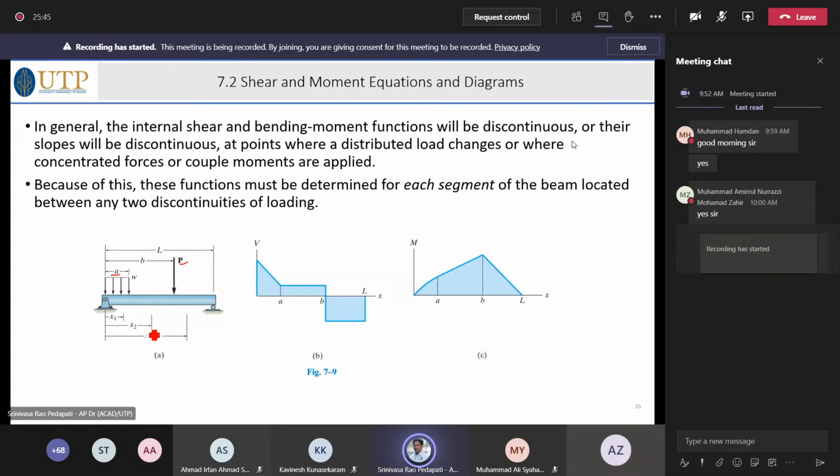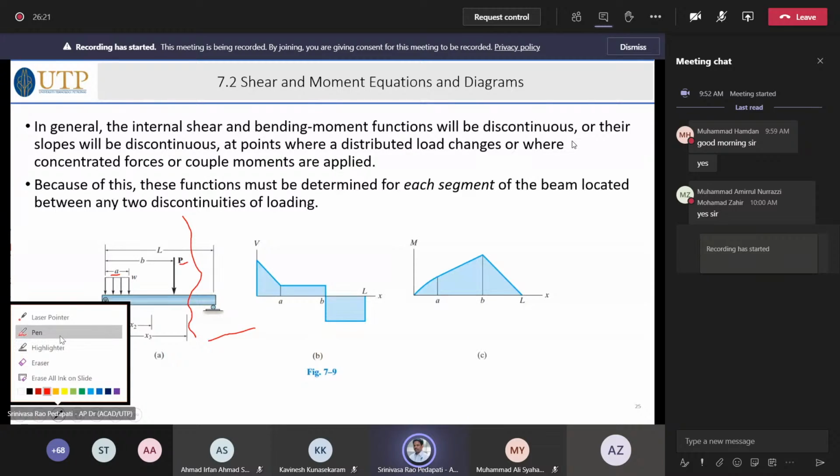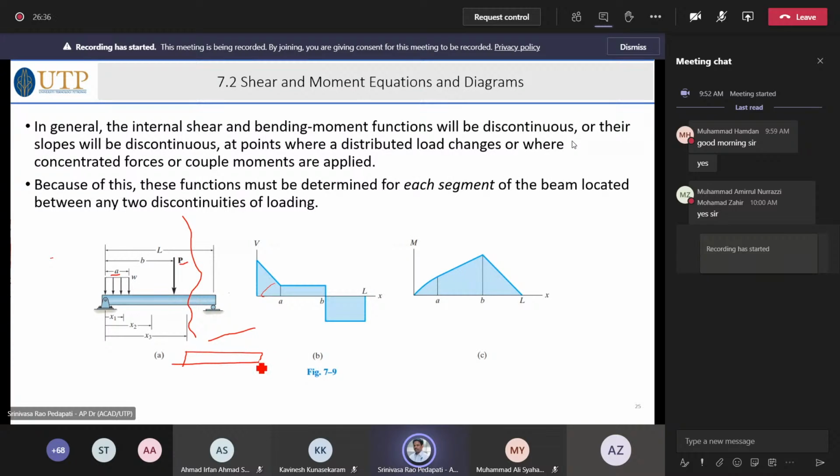If you consider the reactions, for example, if you take the section here, and for ease, suppose you take the left portion here, so the only reaction that is acting is this one.